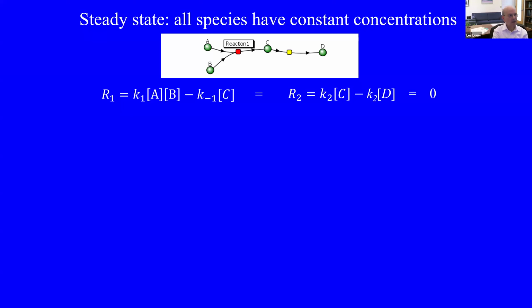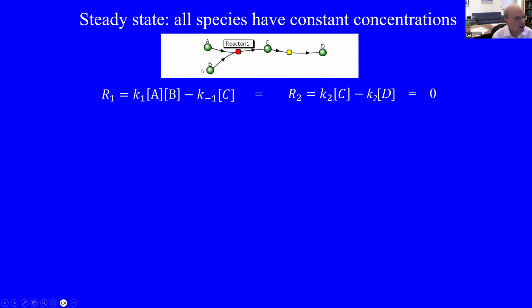So here's a simpler reaction, more complicated than the exponential decay, but a reaction where the molecule A and the molecule B come together to form a complex called C. And then C can undergo another reaction where C becomes D, okay? So this is a little bit more complicated, but it's still fairly easy to grasp.